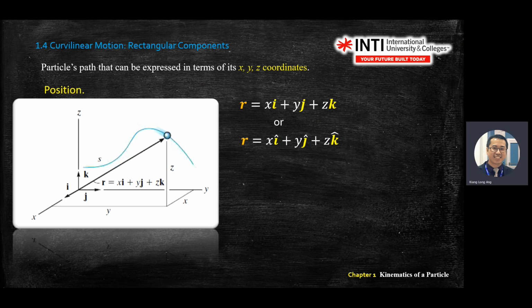Why don't I use an arrow? Because sometimes when you print something, the arrow goes missing. Then you get confused, right?